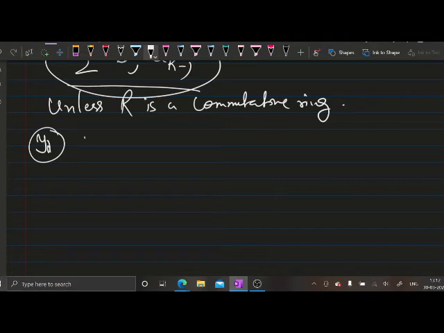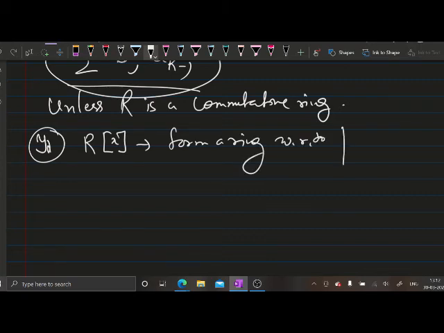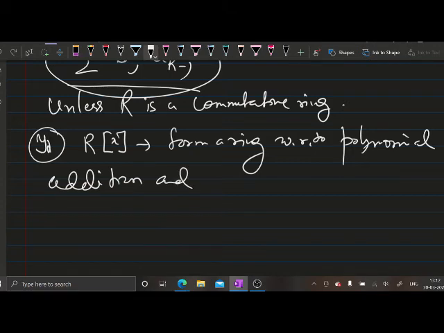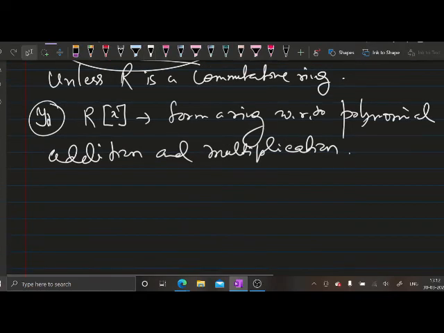So R[x] will form a ring with respect to polynomial addition and multiplication, that has been defined above.